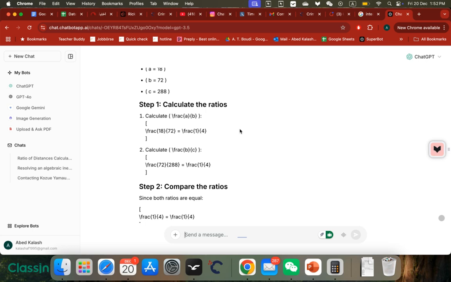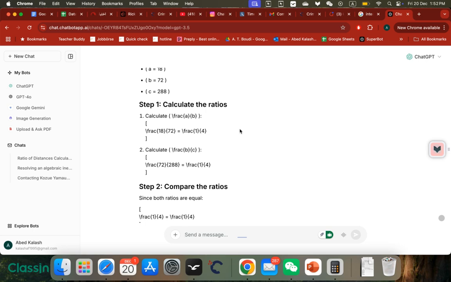Now you do ABBC. So earlier, what we did was this one on the left. Now we do AB over BC. So multiply 72 times 72 and 18 times 288.